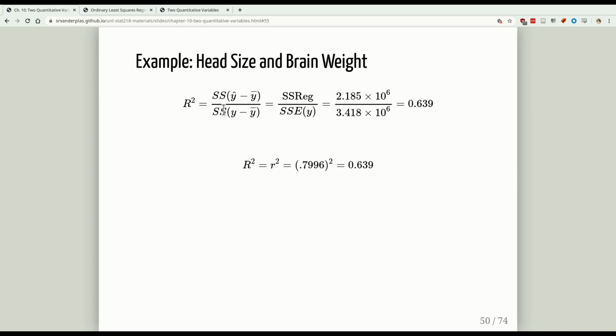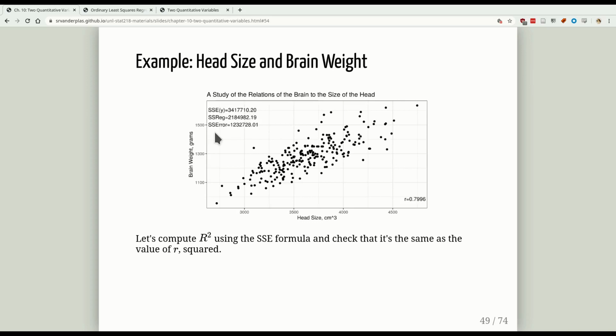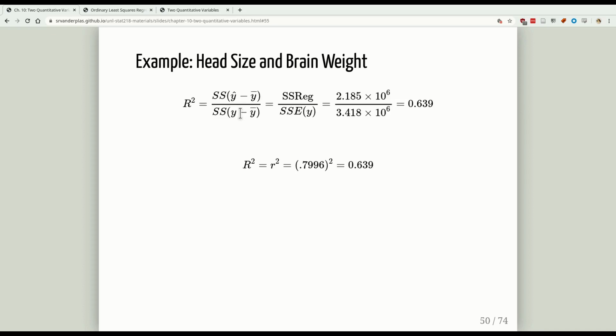Back here, the total sums of squares is the total variability. Sums of squares regression is the stuff that our regression line explains. Sums of squared error is the leftovers that our regression line doesn't explain. And if we add these two up, they total up to the total sums of squares. That's where these numbers are coming from. Our r squared is 0.639, and it so happens that if you square 0.7996, you get 0.639. Great. Math still works. Everything is peachy.